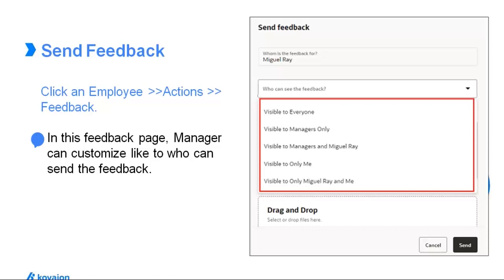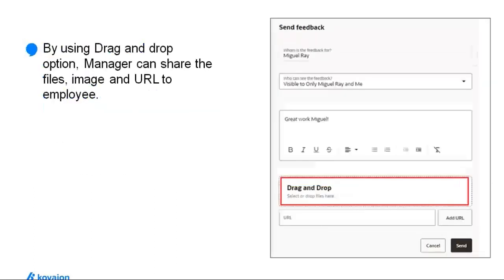Next, select the Send Feedback option from the Actions menu or click the Send Feedback button. While sending feedback, managers can also add attachments to support their comments. Using the drag and drop option, managers can share files, images, or URLs with employees.